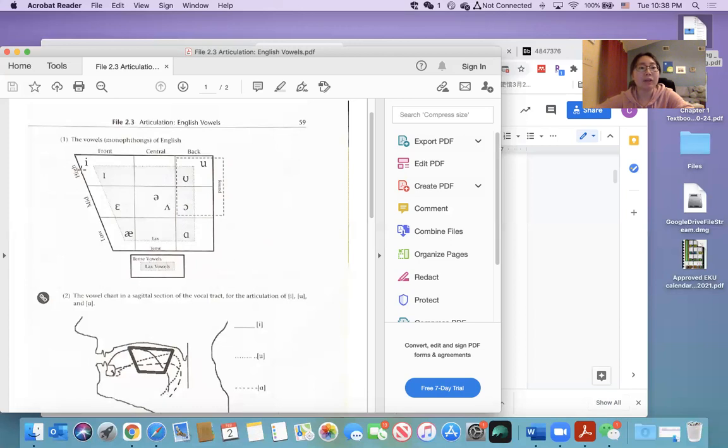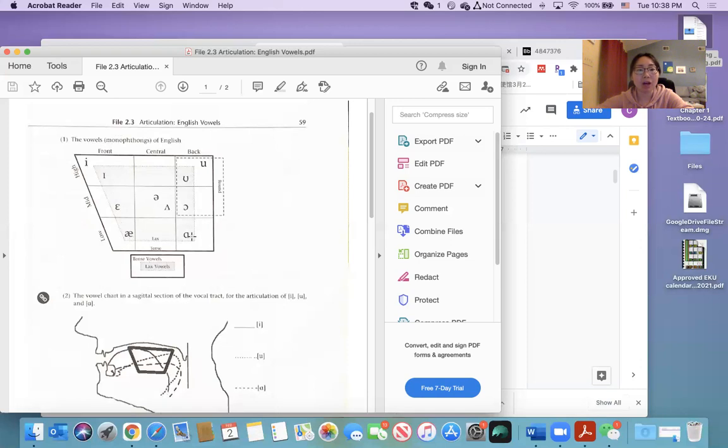Again, we have the lowercase i, small capital I, epsilon, and ash. Okay, these are all front vowels. We have the schwa, and the wedge. They are central vowels, and we have the lowercase u, the upsilon, the open o, and script a.